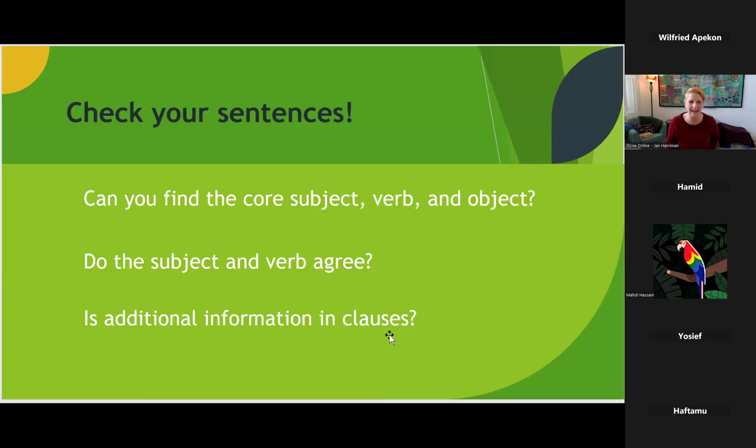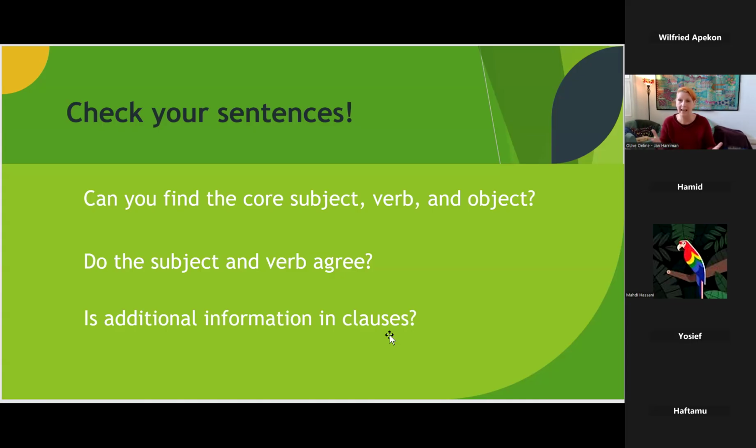Well, let's get to the last one. When you are writing an essay, we've got a lot of possible essays to write: the ones from task 1 from last week and the ones from task 2 this week. When you are looking over your grammar, that's what you want to look for. Can you find in your sentences the subject, the verb, and the object? Do they agree?